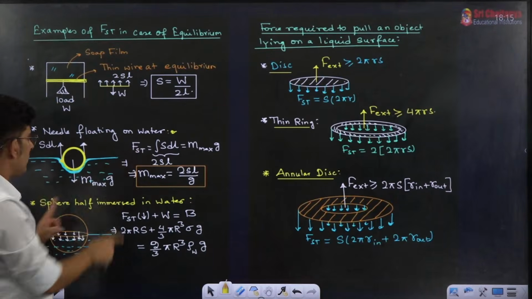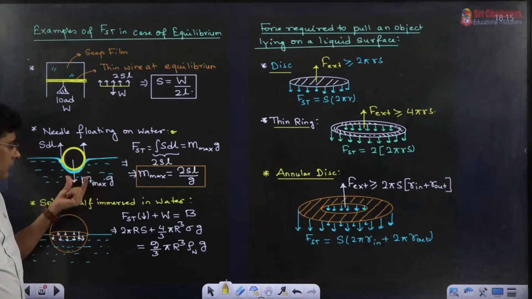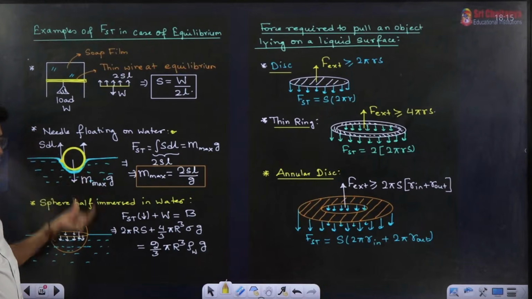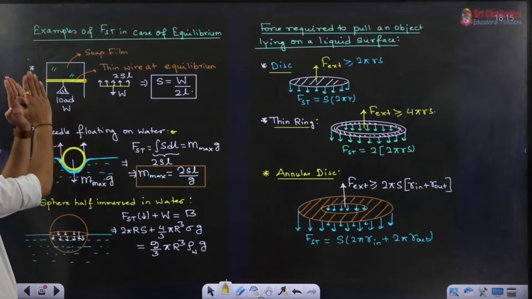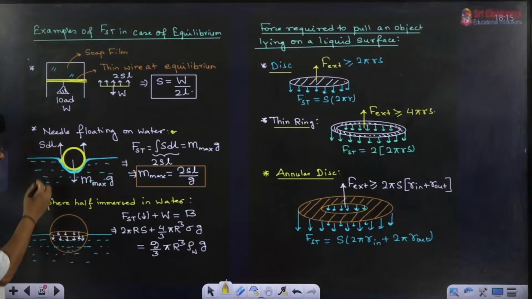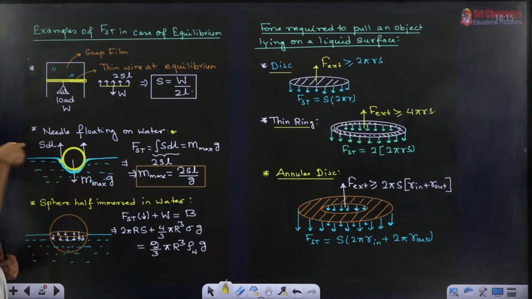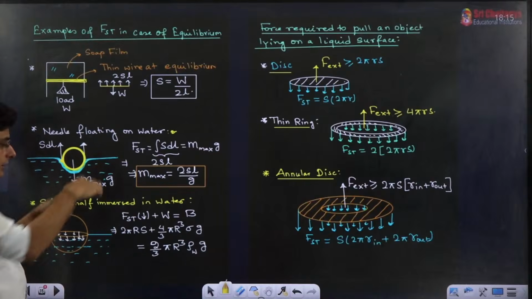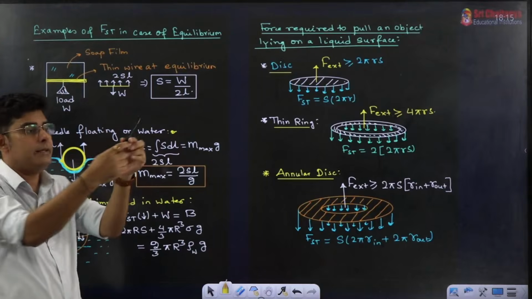When I write the total force due to surface tension, it will balance the total weight. So in the maximum weight case, when it is balanced and not drowning, the total force due to surface tension will be vertical. So total vertical force will be what? S into, you cannot see the length of the needle from the front, the length is inside. This side L, this side length L, two boundaries, for this pen two boundaries, one this side, one this side, each of length L.